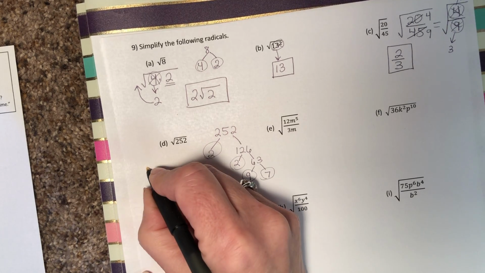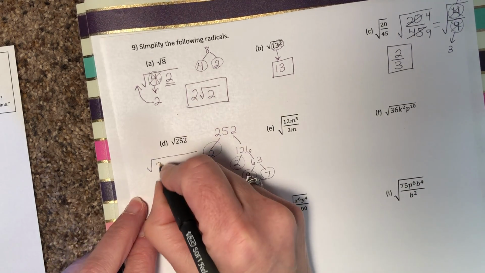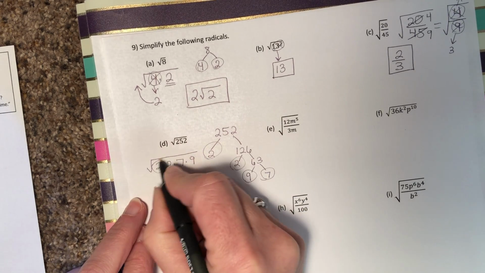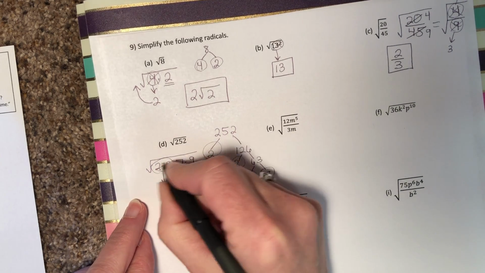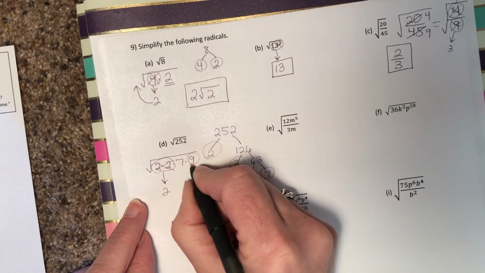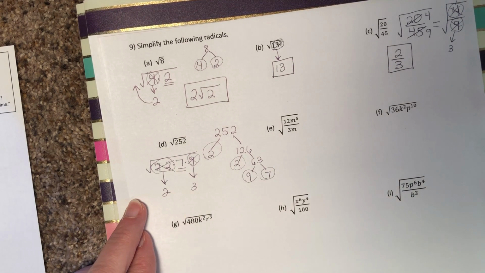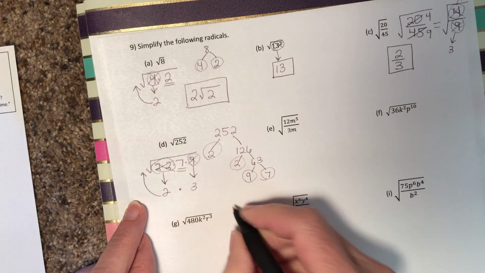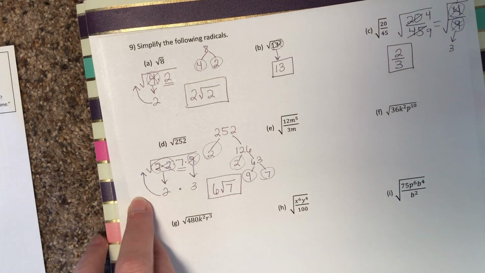So putting them all under: 2, 2, a 7 and a 9. 2 times 2 times 7 times 9. One 2 can come out because that's a pair. 9 is a perfect square, so a 3 comes out. 7, sorry, you're stuck behind. Multiply whatever comes out, put it in the front. 6 square root 7 is your answer.